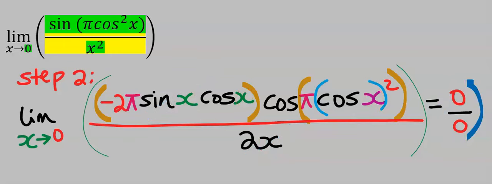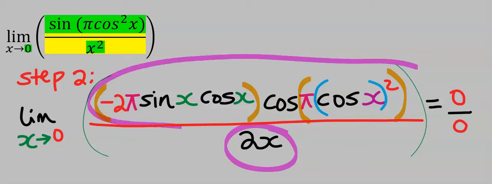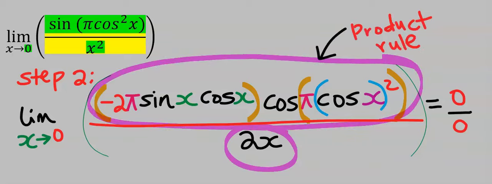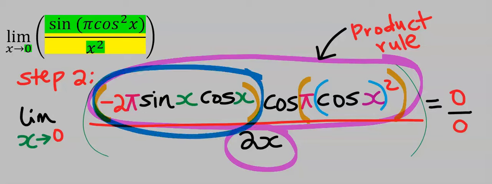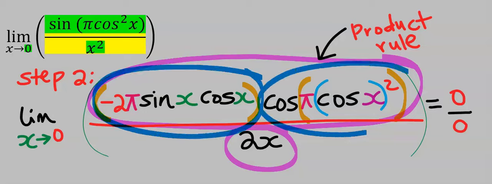Next, in step number 3, we are going to apply L'Hopital's rule again by differentiating each of these variables separately. And in the differentiation of the numerator, we are going to apply product rule. That is, everything here is going to be u, and everything here is going to be v.